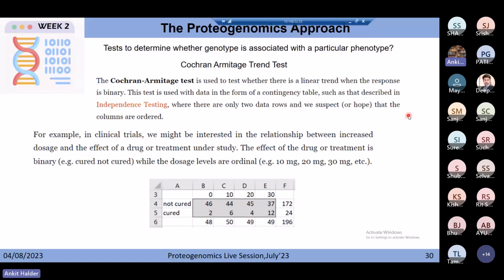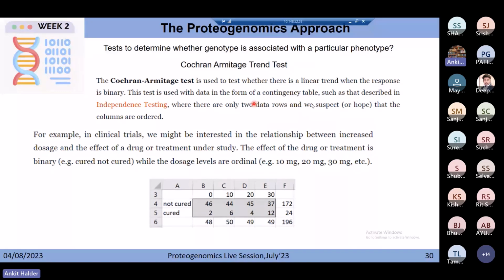For example, it is very much used if you want to add some drug to a particular disease condition and you are increasing the doses of the drug in your cells, in your mice, or in clinical trials in humans, and trying to find out whether the effect of the drug is increasing with increasing concentration or not, whether it is following a linear trend or not. This test is used when the response is binary, that it is either responding or non-responding.